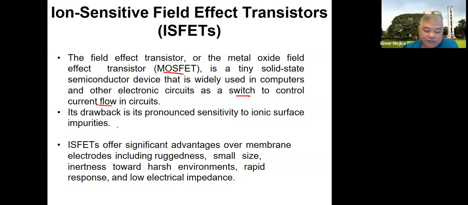And these studies have led to the development of the so-called ion-sensitive field effect transistors. Now, these ISFETs offer significant advantages over the membrane electrodes, including ruggedness, small size, inertness toward harsh environments, rapid response, and low electrical impedance.